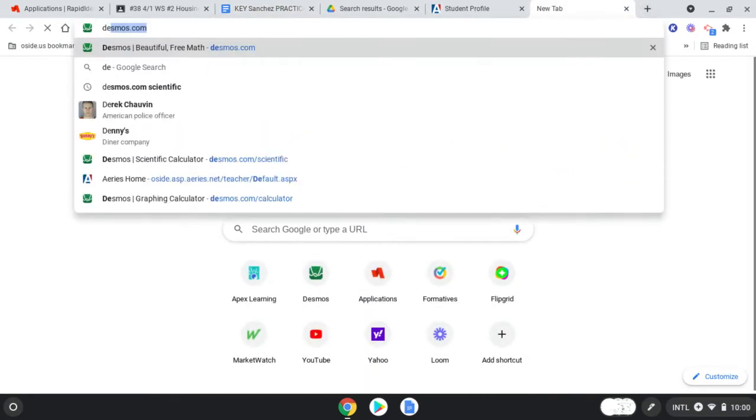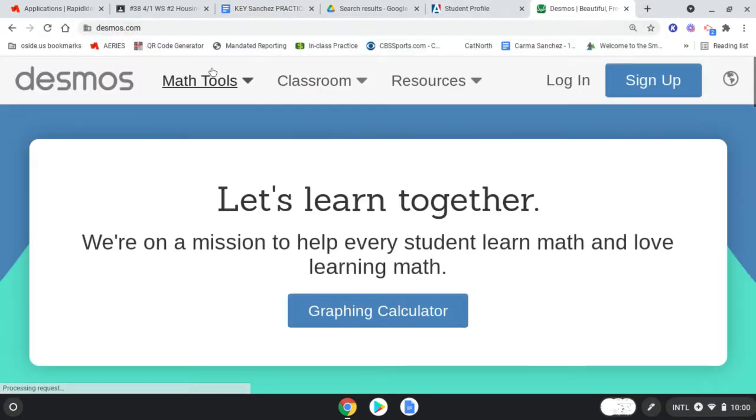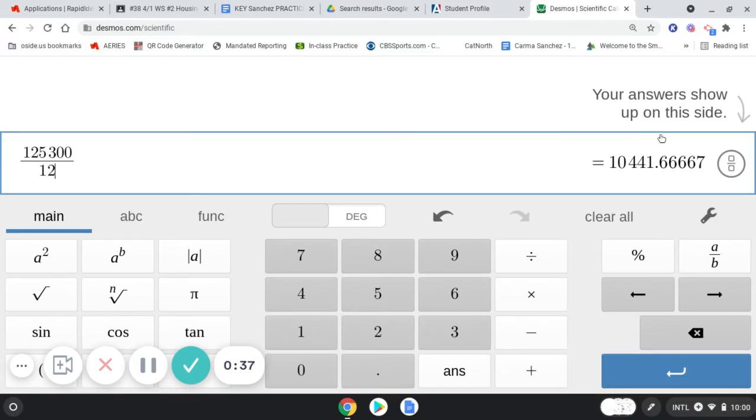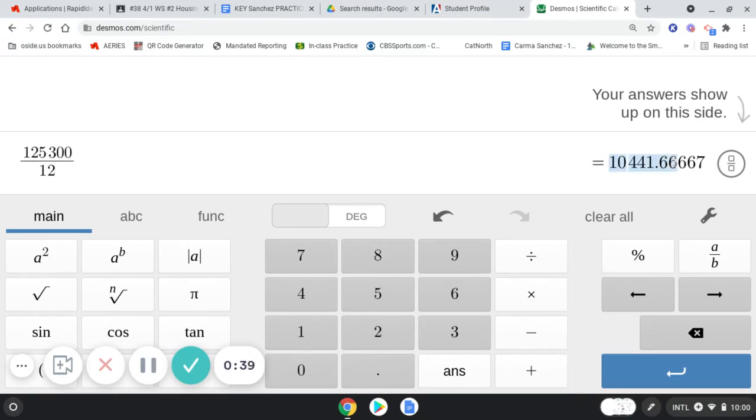So go ahead and get your Desmos out. And 125,300 divided by 12. So $10,441.67.